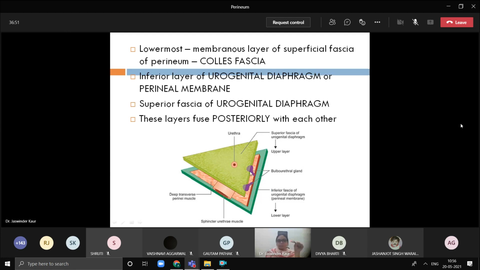This one is the superior layer of the urogenital diaphragm, right? So there are 3 layers. First the Colles fascia, then the perineal membrane, and then the superior layer of the urogenital diaphragm. Now this urogenital diaphragm, here they have shown only 2 layers, but here they have shown 3 layers.